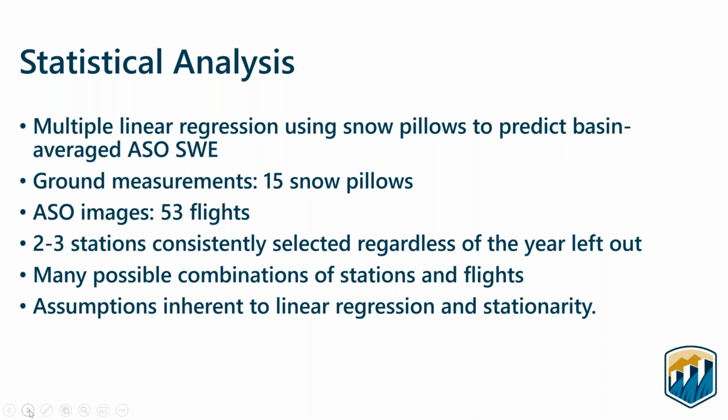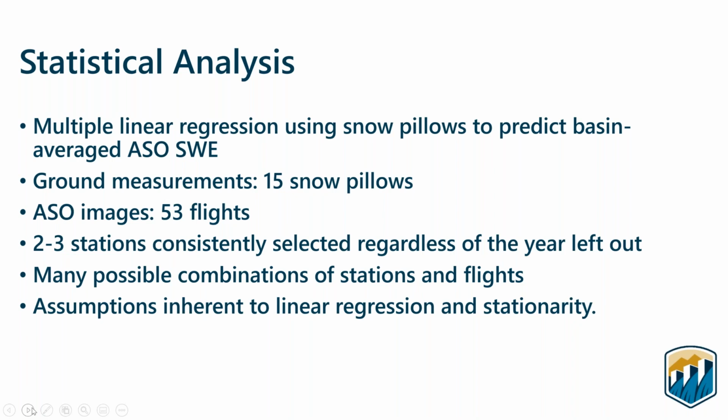And there are also many possible combinations of stations and flights. We've looked at quite a few of them, and we typically found that 2 to 3 stations were selected regardless of the year left out in the leave-one-out validation approach. So we move forward with 2 to 3 stations, but there are many possible combinations of flights and stations that could be used, and other statistical methods to explore as well.